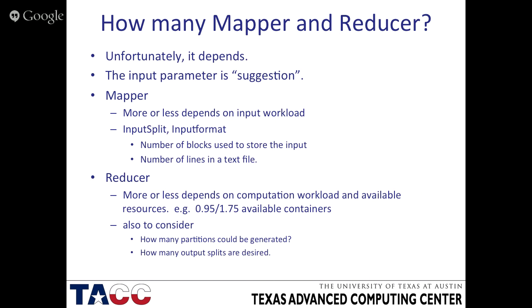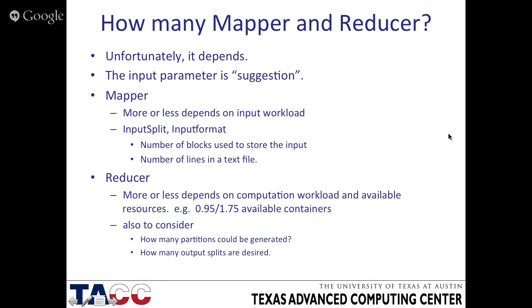On the reducer side, it's more or less a computational-dependent value. On one hand, it processes the output of your MapReduce process. The key-value pairs generated go through the partitioner.